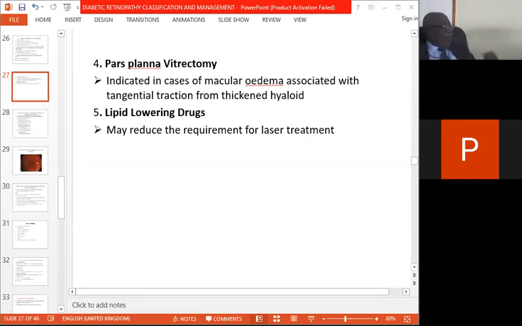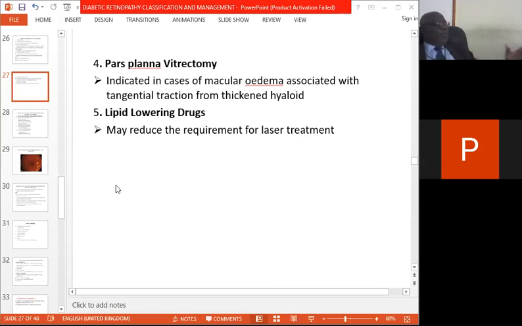But if you go backward, you are putting a needle through the retina, you are damaging the retina. So most of the surgery in the posterior chamber is done through the pars plana. They push in light, they push in all sorts of instruments. It's high-tech, the surgery. And this is the pars plana vitrectomy.